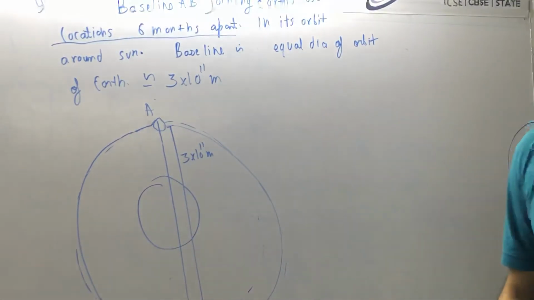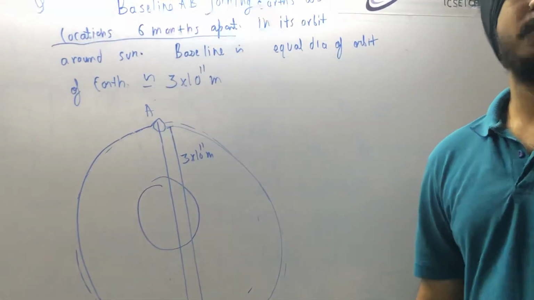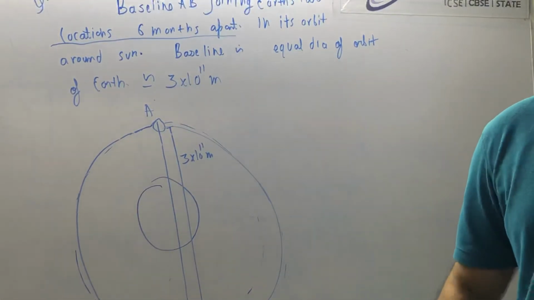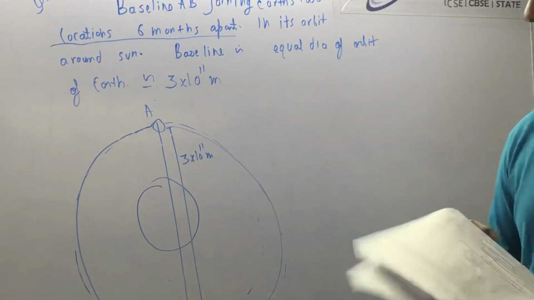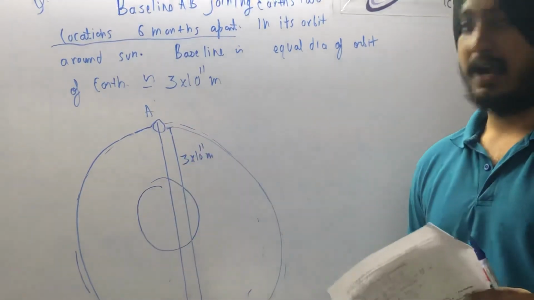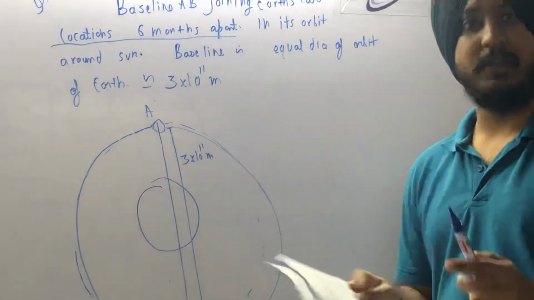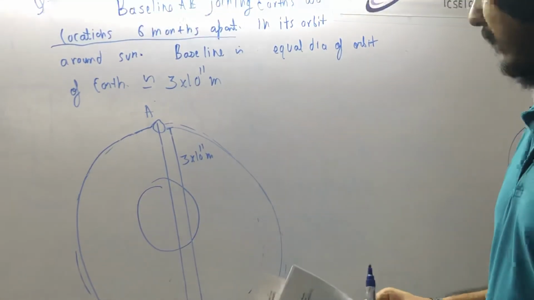What does he mean by this baseline, points A and B? They are the 2 points of observation. In the parallax effect, you need 2 points of observation, right? And then you observe the one common point. The same thing is being said here. These A and B are the observation points, and they are 3 into 10 raised to the power 11 meters from each other.